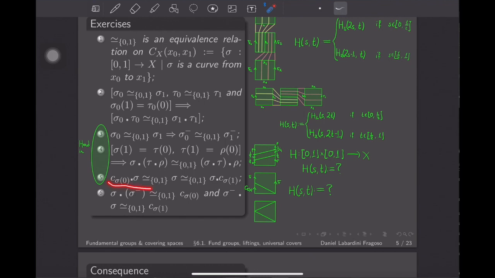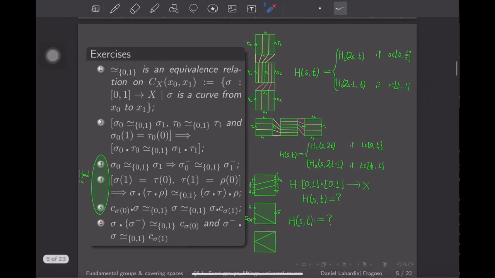The constant curves serve as neutral elements, as identities, up to homotopy. And the sigma inverses, the sigma minus, are inverses up to homotopy relative to endpoints. That's what this exercise says.